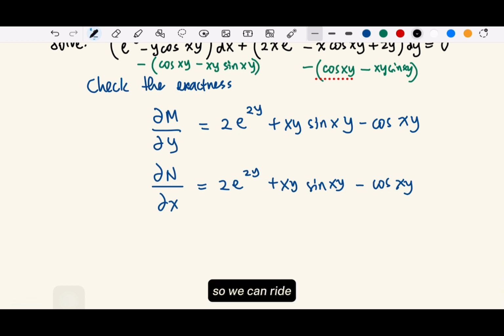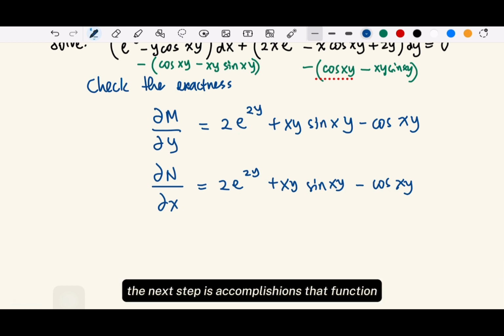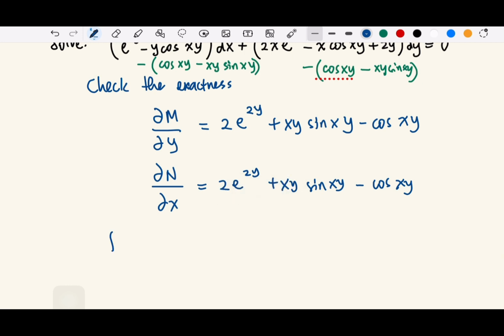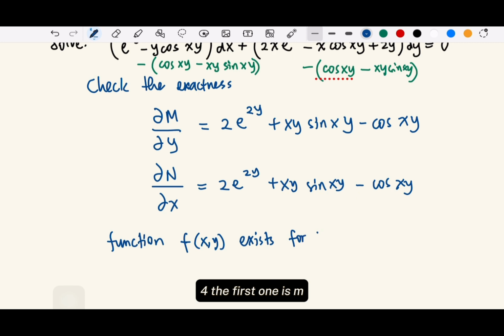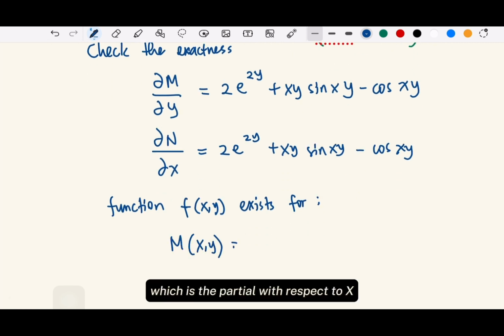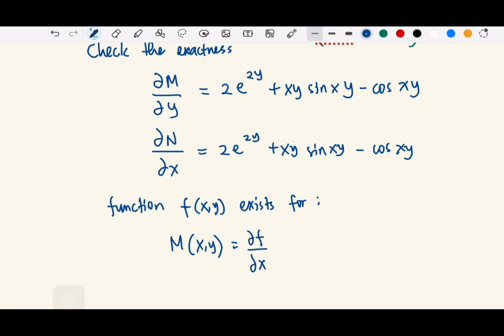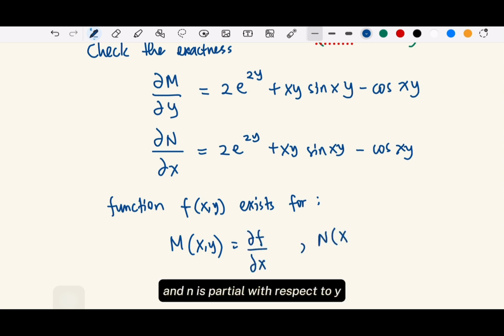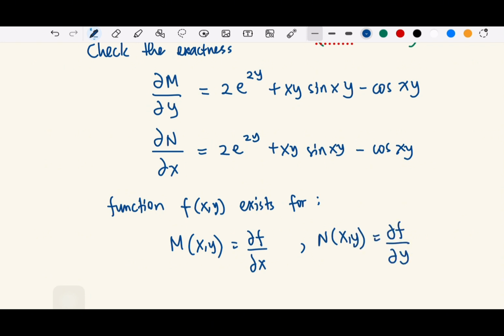So the next step is the conclusion that a function f(x,y) exists, where M is the partial with respect to x, and N is the partial with respect to y.